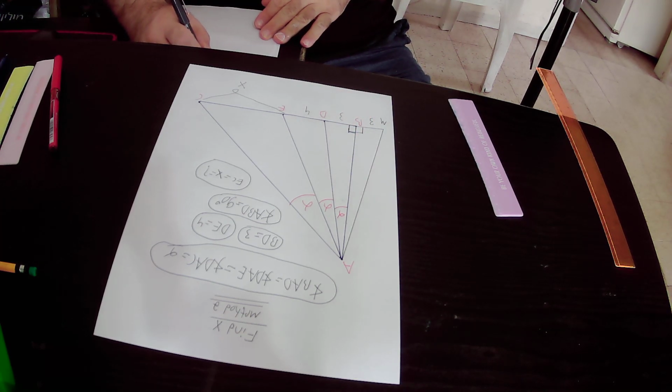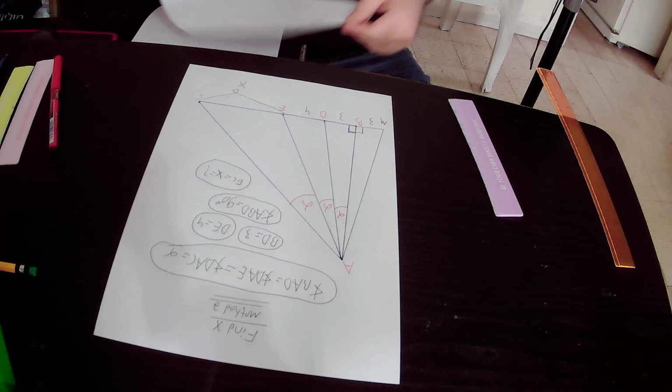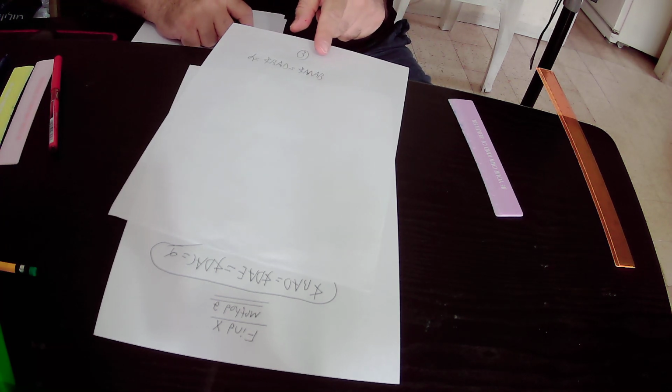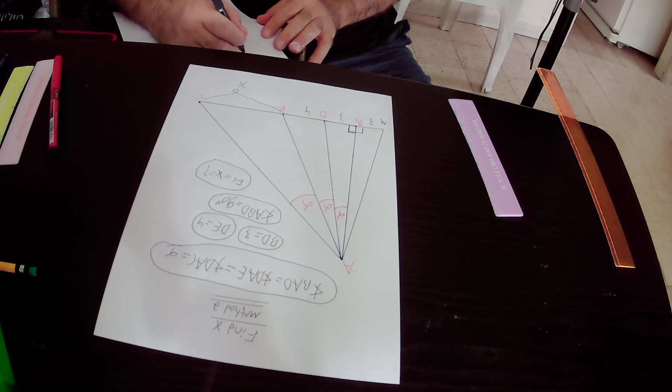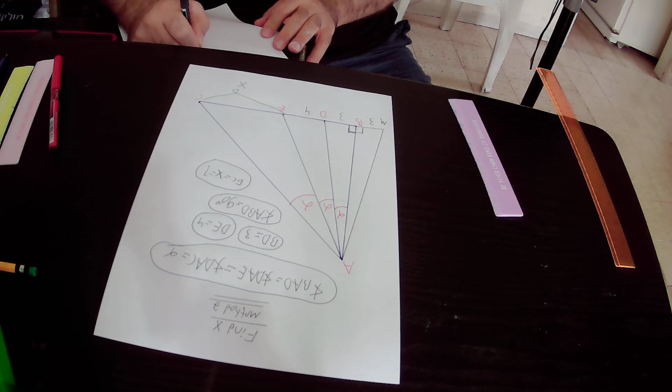So angle BAD equals angle MAB according to the rule that corresponding angles in congruent triangles are equal to each other. Okay, corresponding angles in congruent triangles are equal to each other.